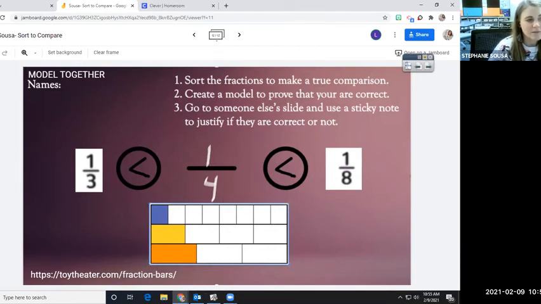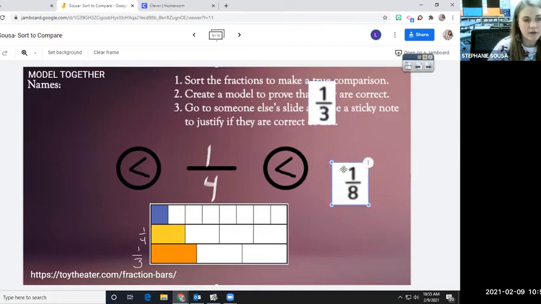They are telling me here that 1/3 is greater than or bigger than 1/4. So let's take a look. Here's my 1/3. Here's my 1/4. Uh-oh. Is this group right? No. So we are not going to grab their work and fix it for them.